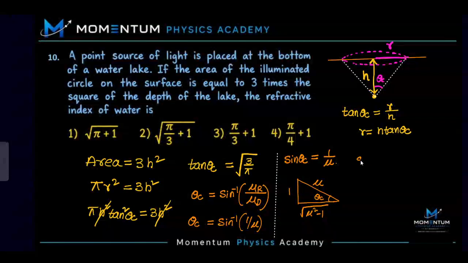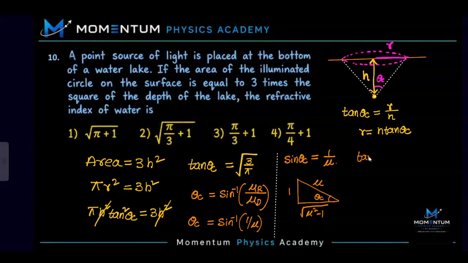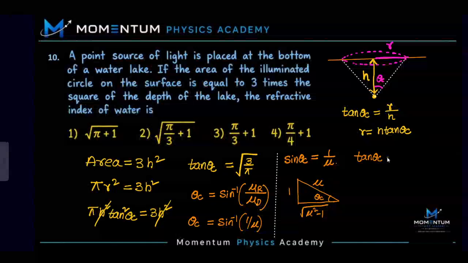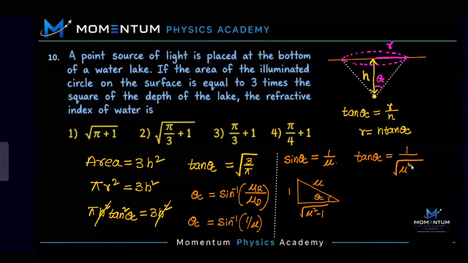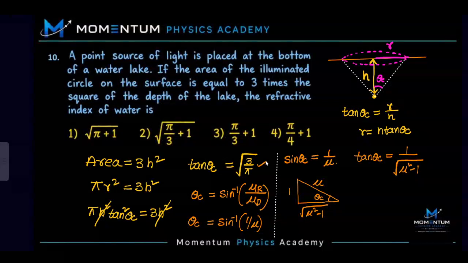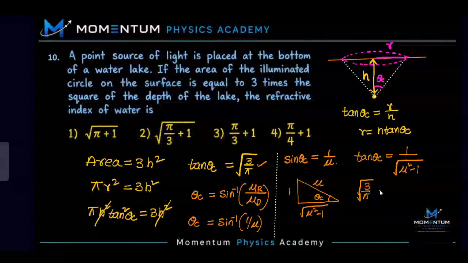From the triangle, tan theta C is equal to 1 by square root of mu square minus 1. And this value is square root of 3 by pi, which is equal to 1 by square root of mu square minus 1.